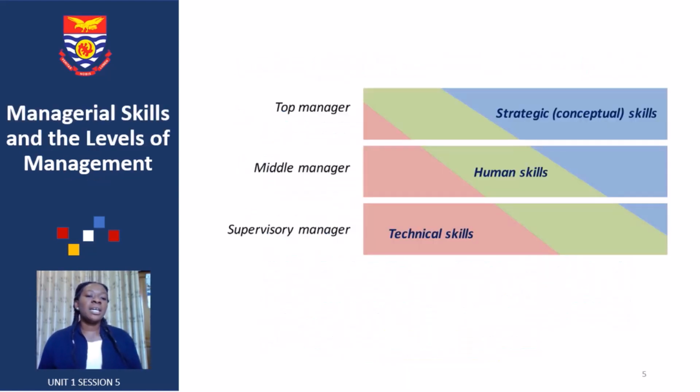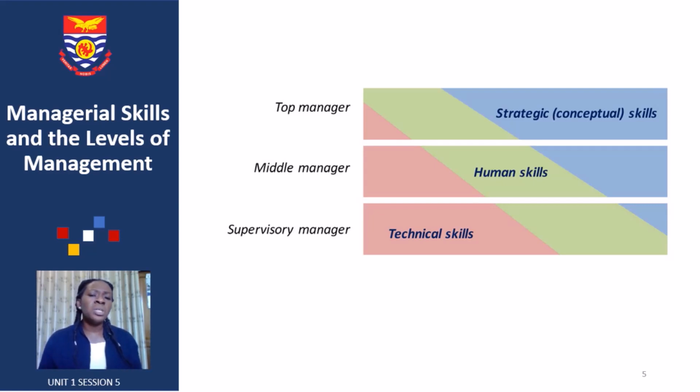So you realize that at the top level, where managers are making more of the strategic decisions, these people need a lot of the conceptual skills. They do a lot of heavy planning, looking at the organization as a whole, looking at the environment, the business, and then outside the business.